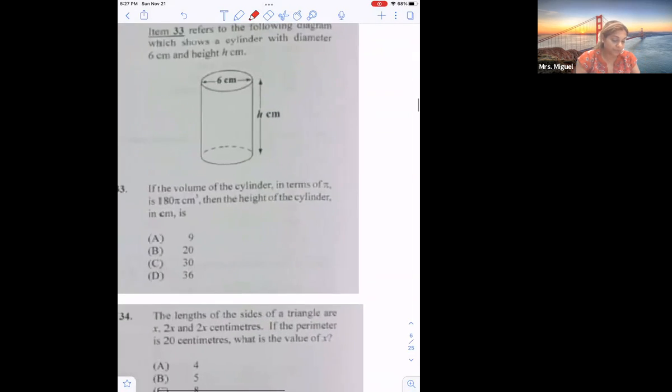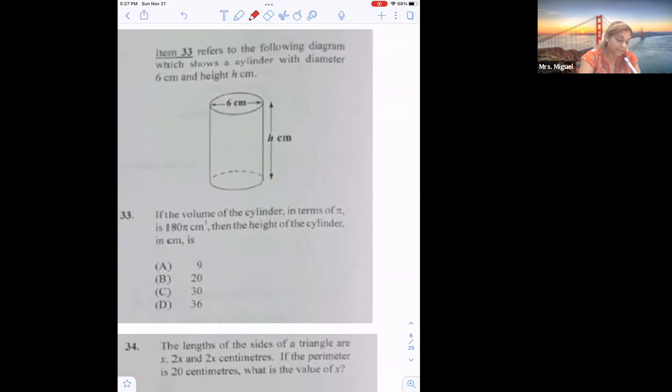Item 33, this is the volume of a cylinder. So the volume of a cylinder is the cross-sectional area by height. The volume is 180 pi, and the area of a circle is pi r squared multiplied by h, and r is 3, which is 6 divided by 2, because the diameter is 6.